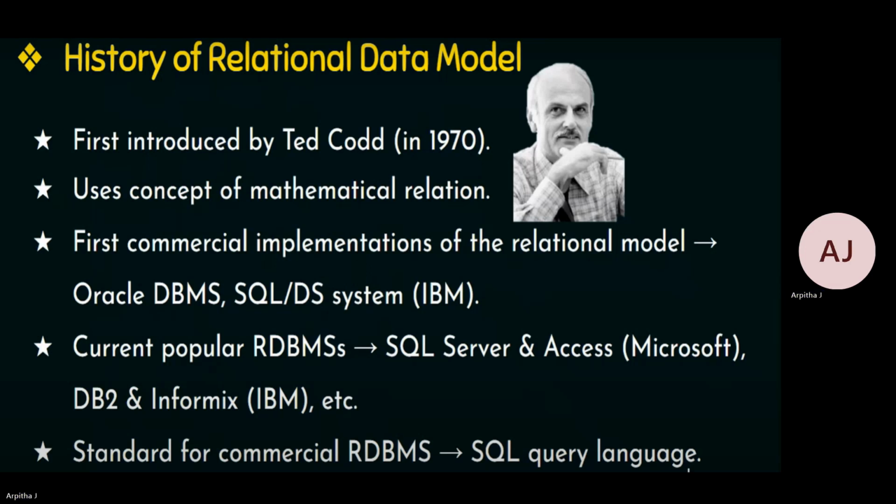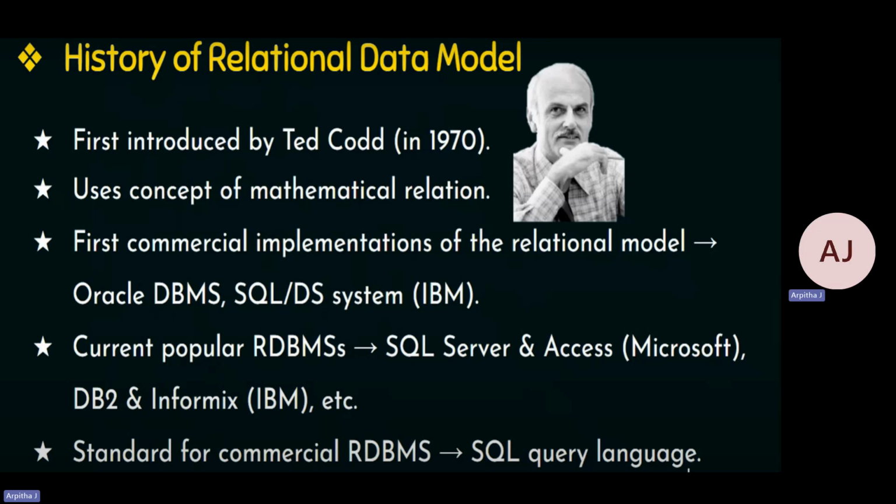Next, the first commercial systems. These are the theories which I have already spoken about in the history of database systems. One of the first commercial relational database systems introduced was Oracle. After that, SQL, a data system by IBM, was done.